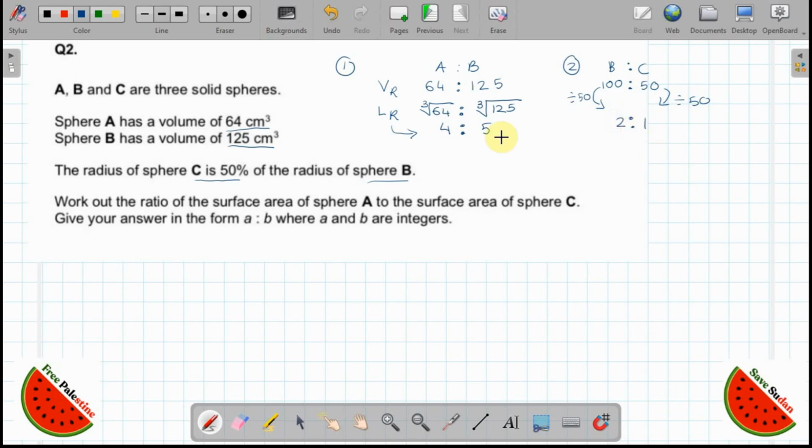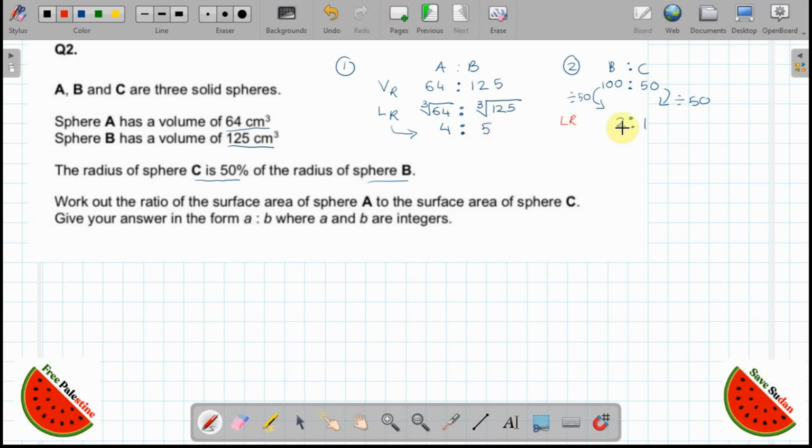Now, you see the problem I'm having now is B is 5 in this ratio, the length ratio, and this is a length ratio too. And the value for B is 2. So to make things easier for me, I'm going to change the two length ratios so that the value of B is the same in both the ratios.